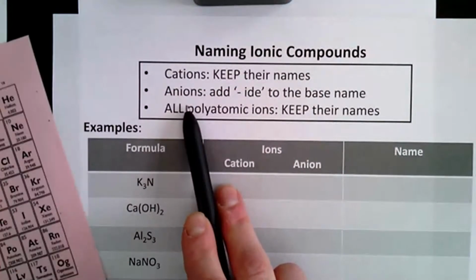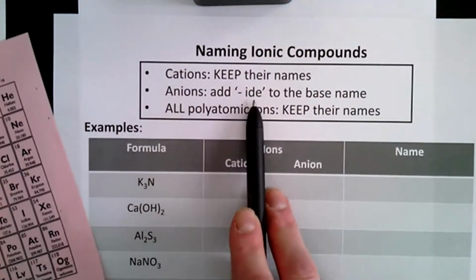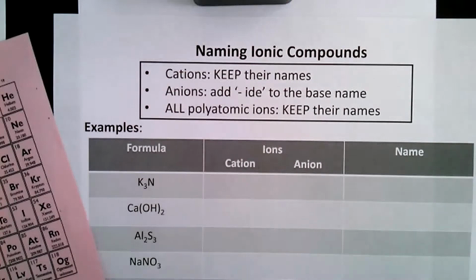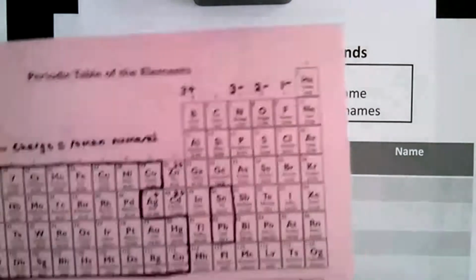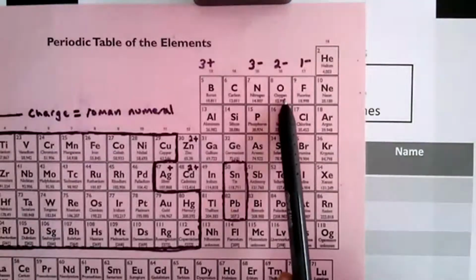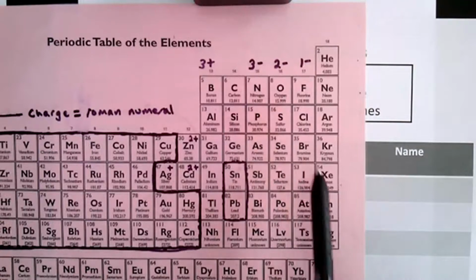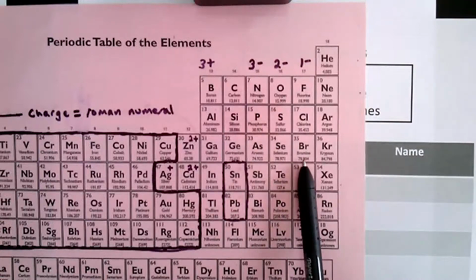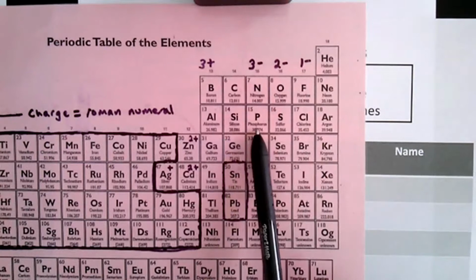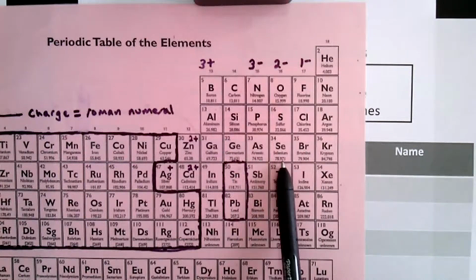Anions, if coming off the periodic table, you add "-ide" to the root or base name of that element. Oxygen becomes oxide. Bromine, bromide. Phosphorus, phosphide, and so on.